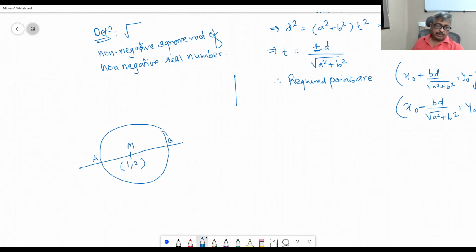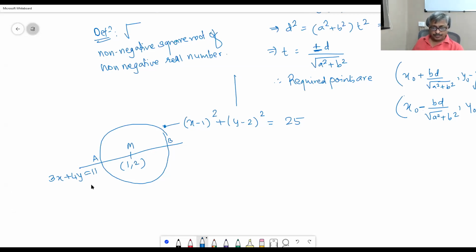Correct? So what will be the equation of this circle? X minus 1 bracket square plus y minus 2 bracket square is equal to 25. Yes or no? Yes. Equation of this line is 3x plus 4y is equal to 11.